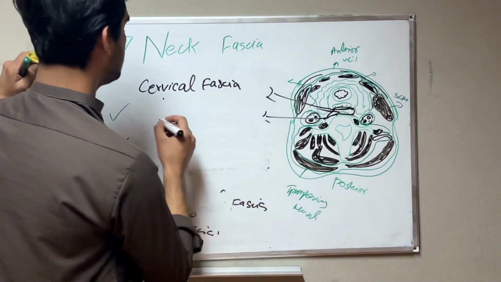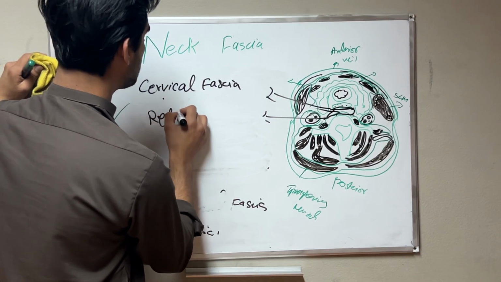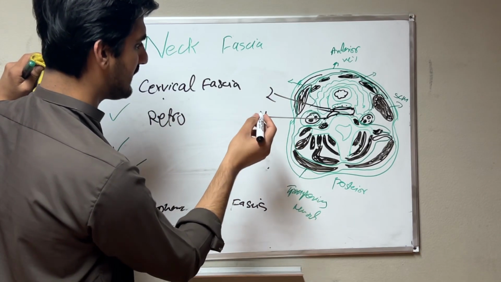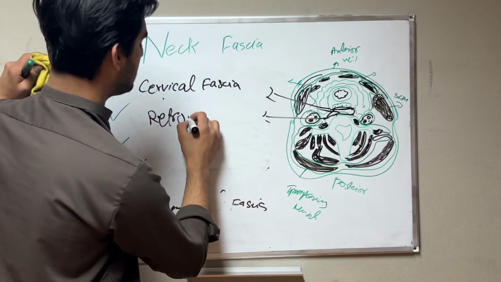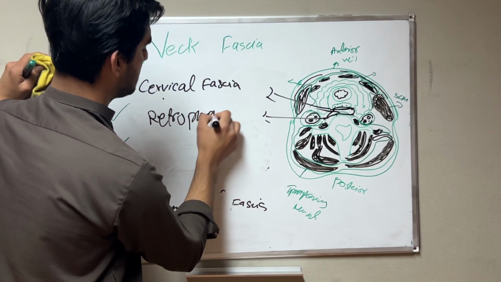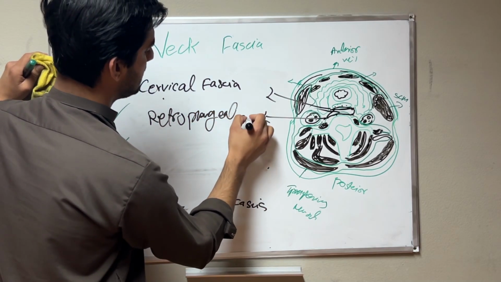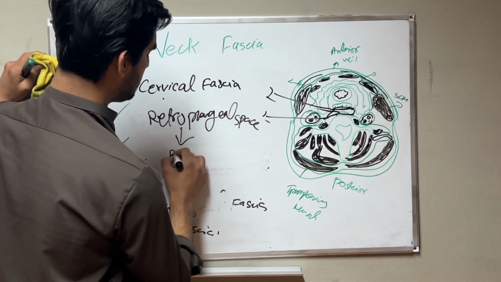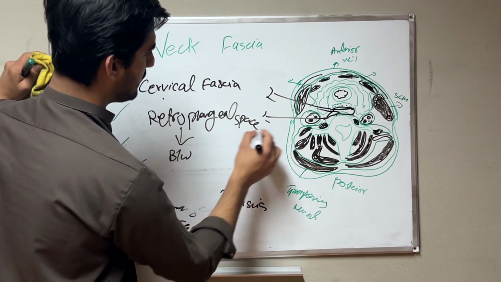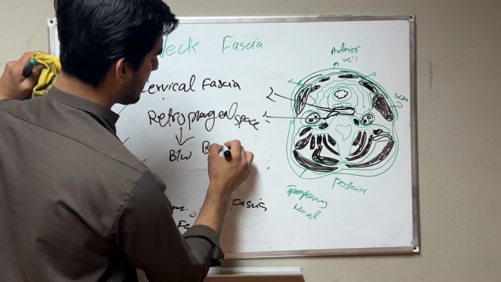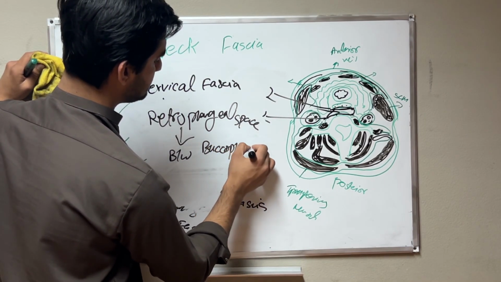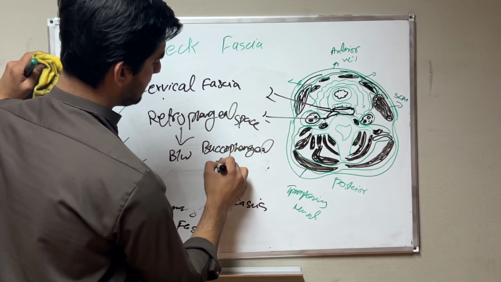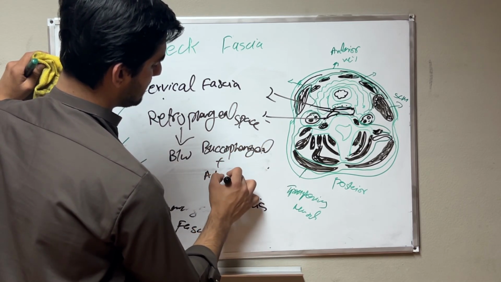Retro means behind the pharynx, hence retropharyngeal space. Between which two fascia is the retropharyngeal space? One is the buccopharyngeal fascia plus the alar fascia.